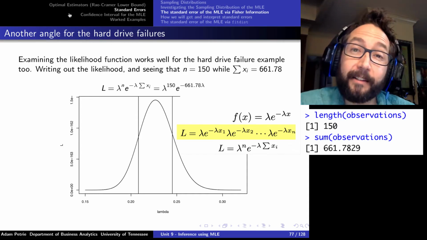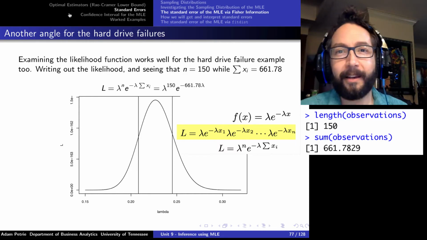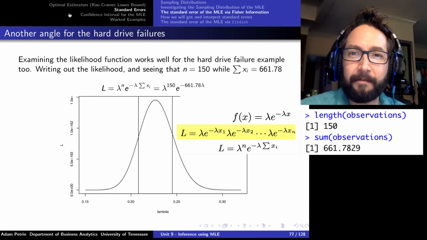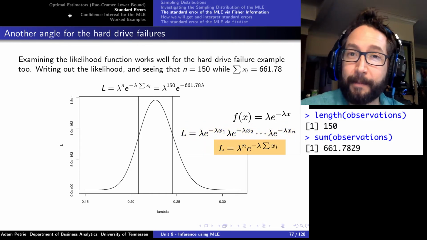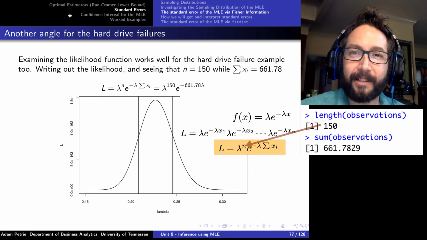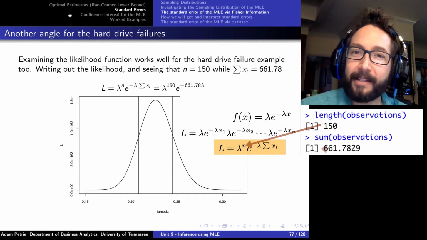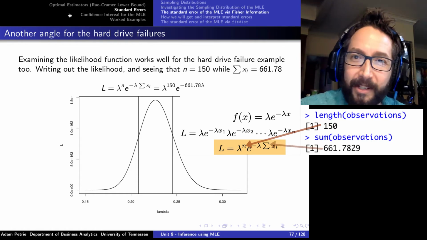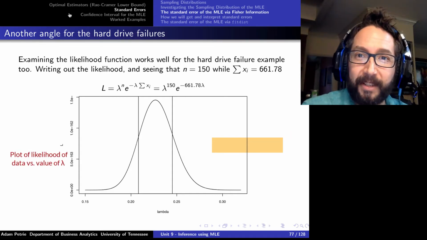Writing out the likelihood just involves writing out n copies of that PDF, multiplying all those copies together, and then grouping terms. In this case, we would find that the likelihood is equal to lambda raised to the n, for the 150 data points that we've collected, times e raised to the minus lambda times 661.78. It turns out we need to take the sum of all the x's to put in that exponent.